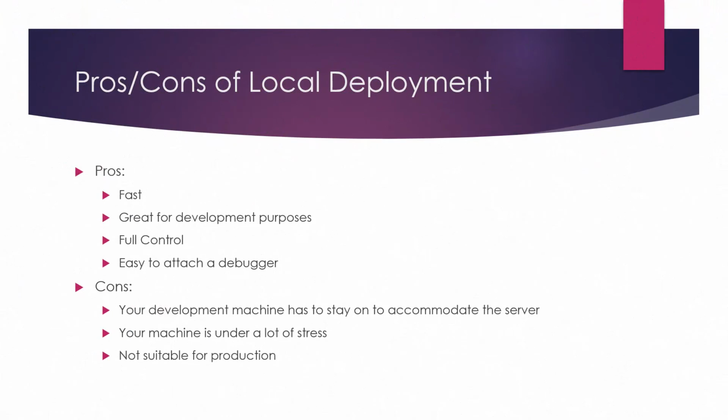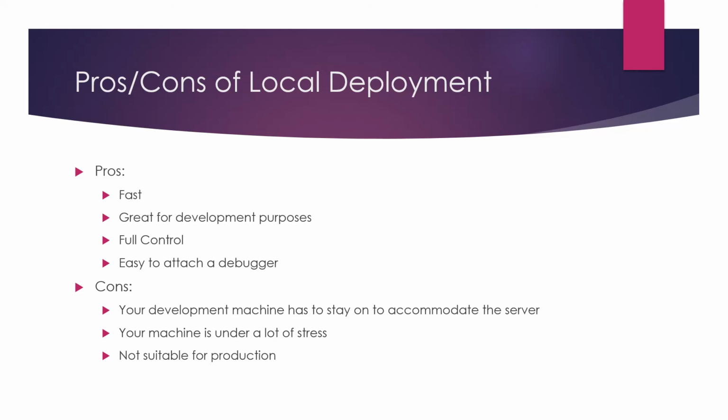So now we understand what the local deployment is. We can weigh the pros and cons of this. Definitely, this is a very fast process. There are no fancy pipelines attached. You run it in your isolated environment, which leads us to the next point, which means it's great for development purposes.